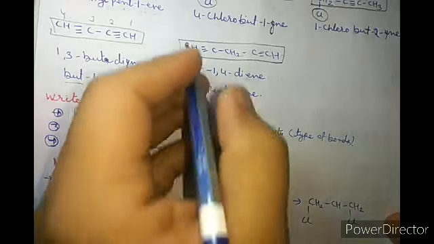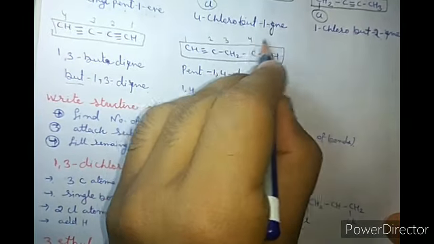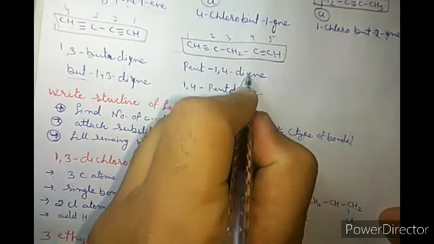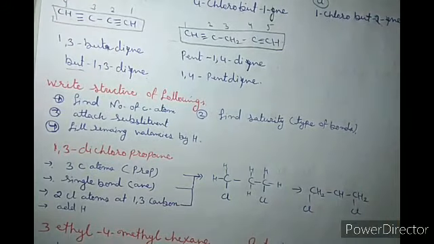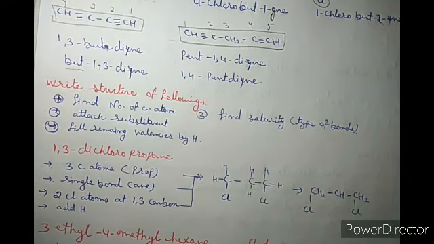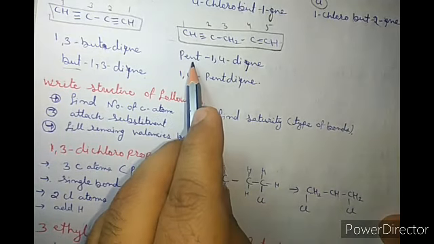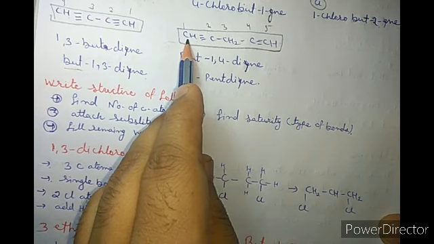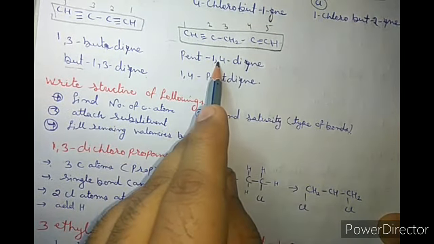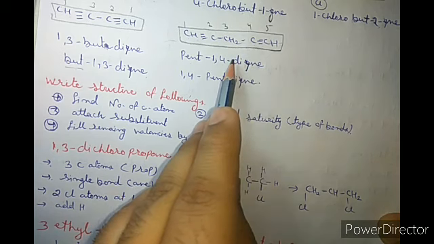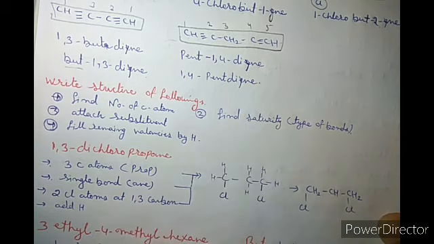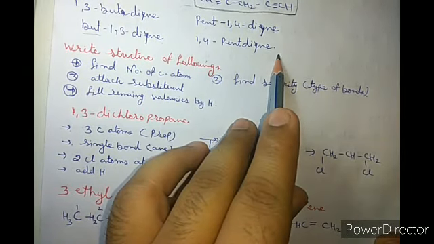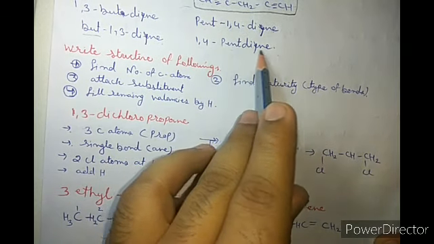Here if we use numbering 1, 2, 3, 4, 5, both sides are getting the same numbers. 5 carbon, so that is pent, and double bonds are located at first and fourth, so that is pent-1,4-diene, or we can also write 1,4-pentadiene.